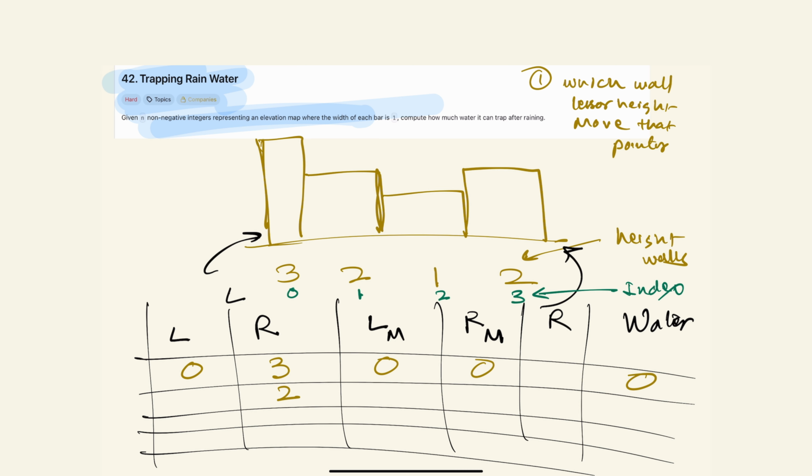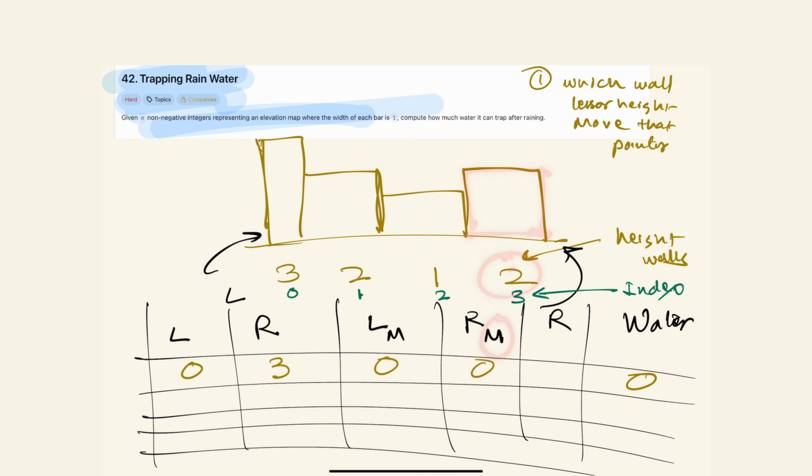The very first thing is I'm going to move the pointer, but before moving it, there is one more condition. With this right height, which is lesser, compare with the max value of right.